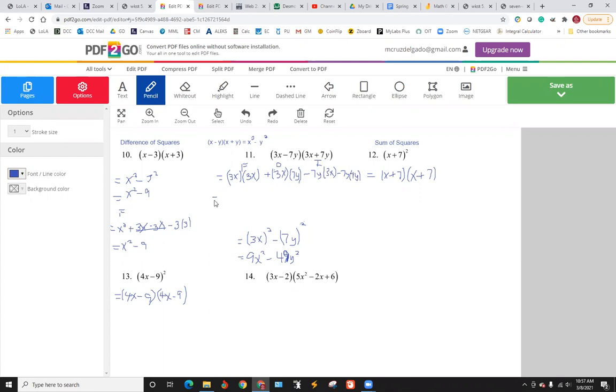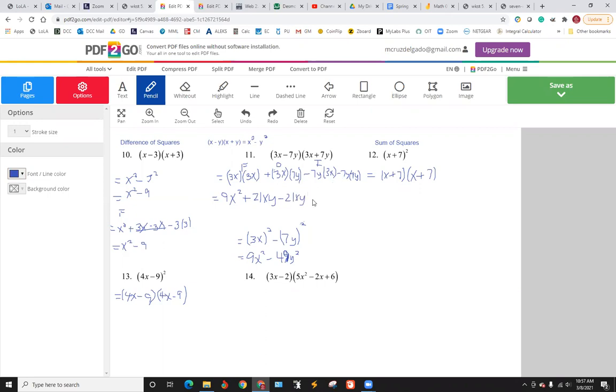All right, so what does that give us? 3 times 3 is 9. X times x is x squared. This right here is 3 times 7, so that's plus 21xy. Inside is negative 21.